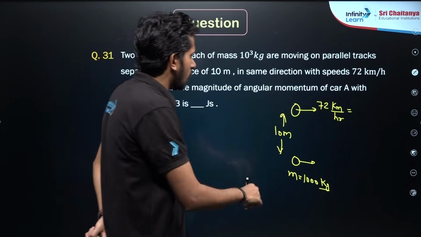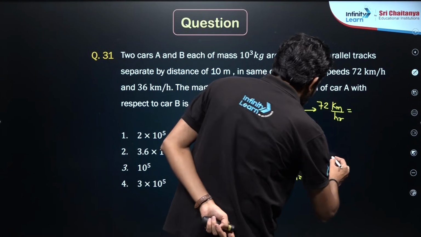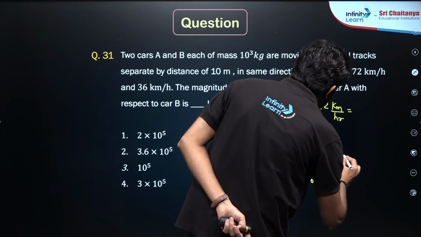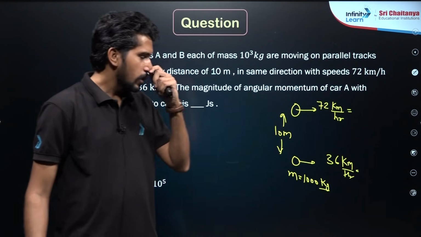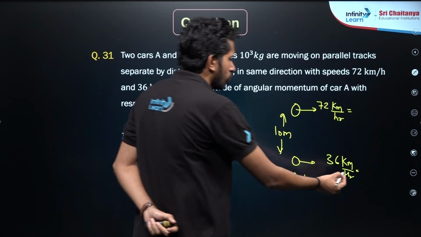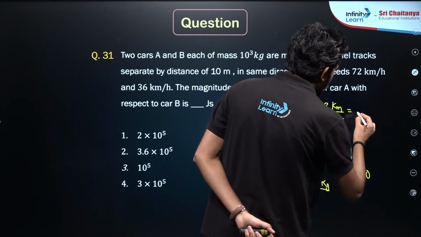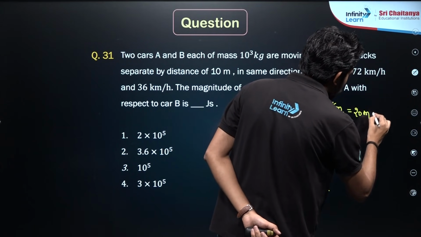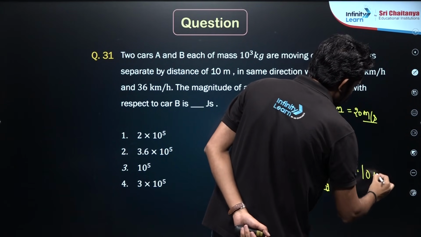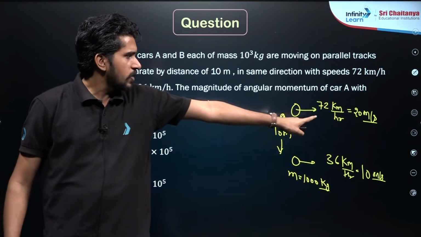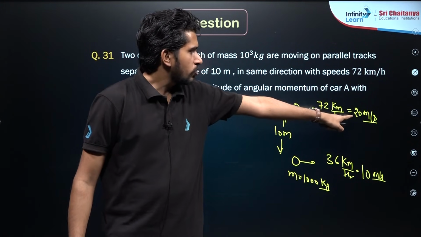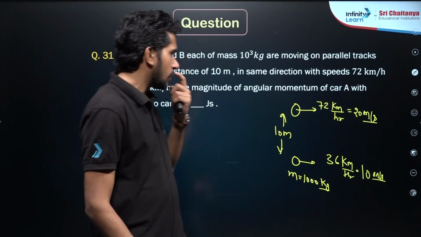And here we have 36 kilometer per hour. Again you convert it into meter per second. Those are 20 meter per second and 10 meter per second.